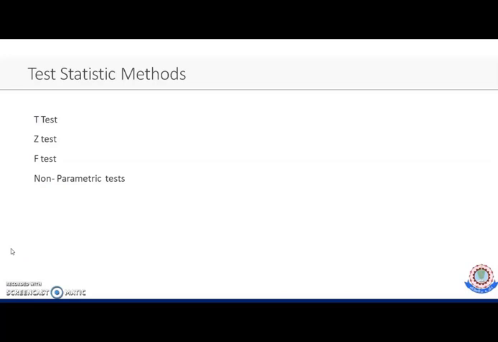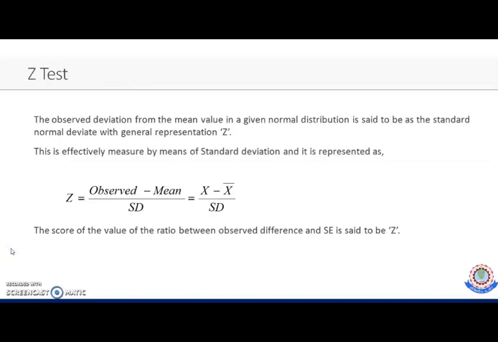Now we are going to explore the basics and the functional parameters corresponding to z-test. So here the z-test focuses on the deviation from the mean in a normal distribution, which is called a relative or standard deviate and represented using the symbol z.